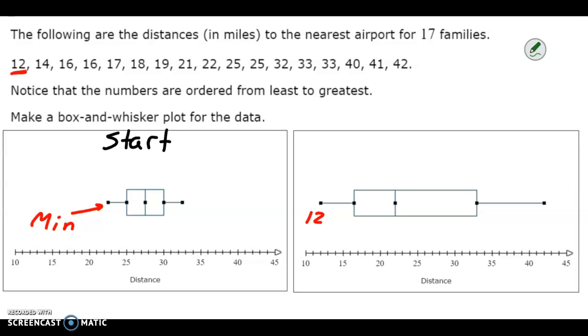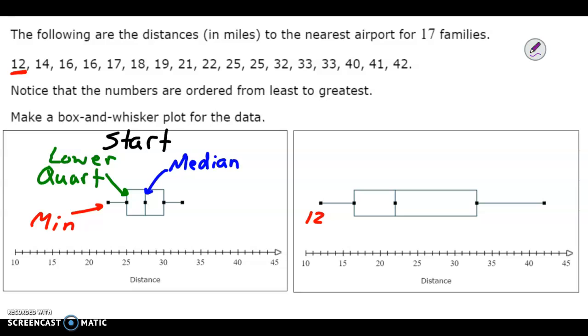The beginning of the box is your lower quartile. So that lower quartile value is going to be the beginning of the box, and we'll talk about the data here in a second. That middle term, right in the middle, I think you guys could probably guess, that's your median.